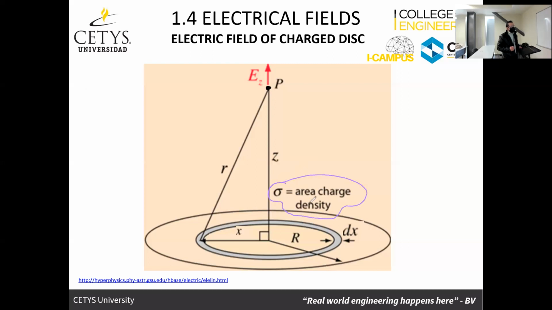That's called sigma. Sigma is going to be the distribution of charge per area. So for example, in this case, if this disk has a charge Q, sigma is going to be Q divided by the area, in this case the area of a disk. Right now we're talking about a disk, but it could be a square, a rectangle, any shape. And so the charge is going to be distributed uniformly around a certain area.